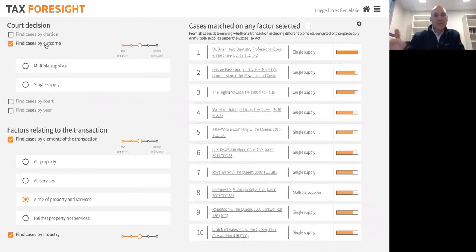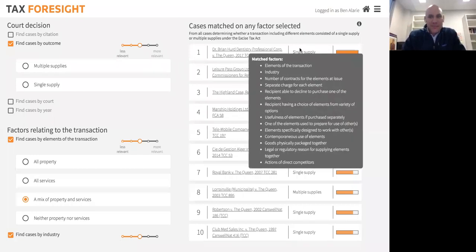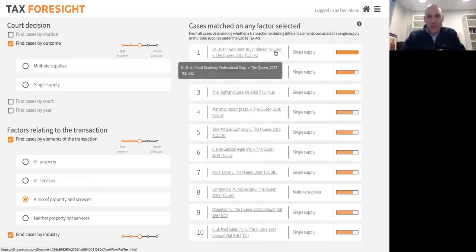So what's the best argument for the professional corp here? So we know an independent, objective take on the facts here means that this is not looking good for the professional corp. So we'll see here, the best match here is the professional corp case.